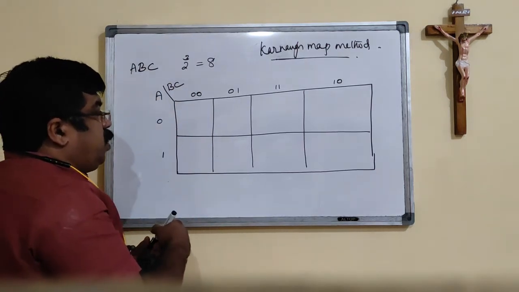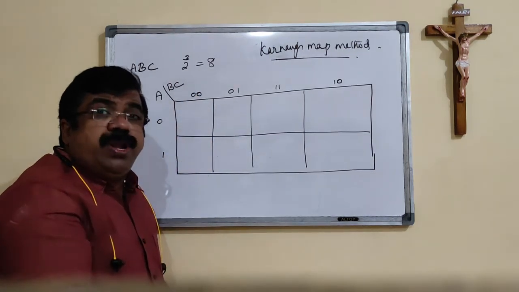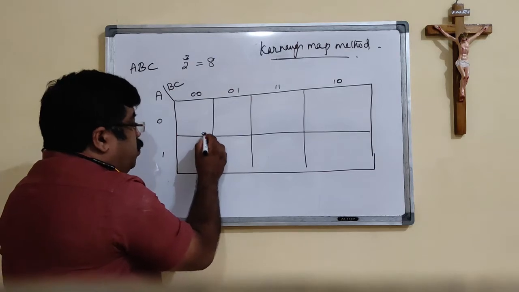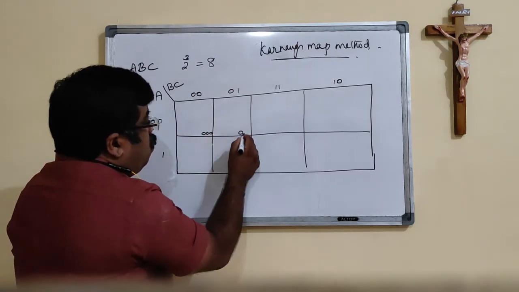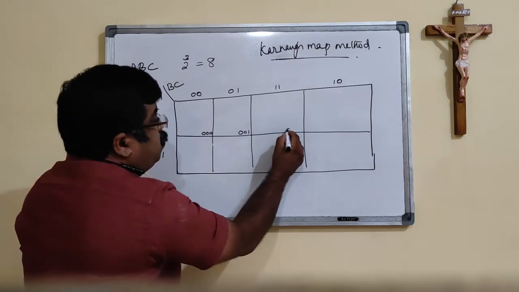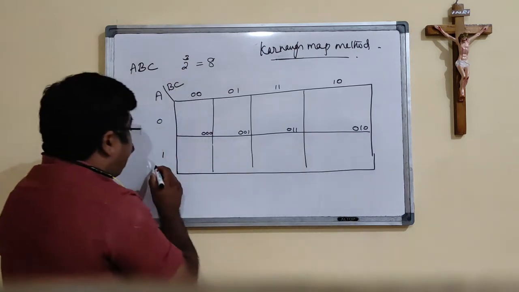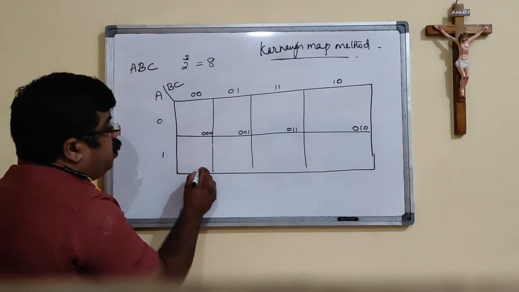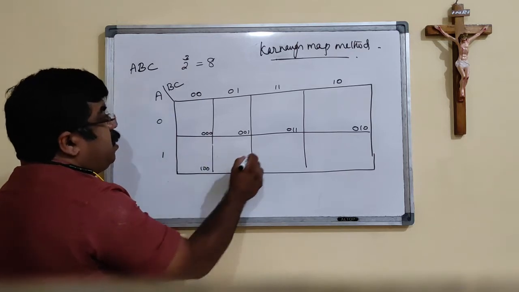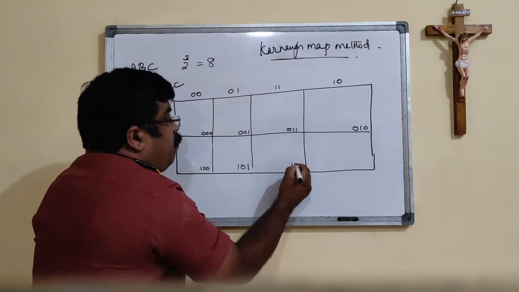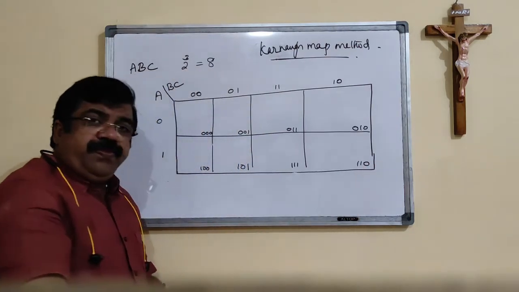Now you can see we are putting the row coordinate and the column coordinate. Row 0, column 00: 000. Then 001, 011, 010. This is 100, this is 101, this is 111, and this is 110.